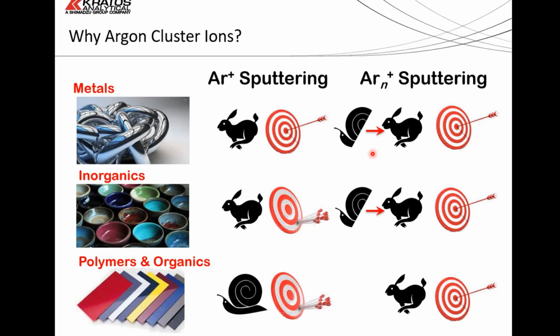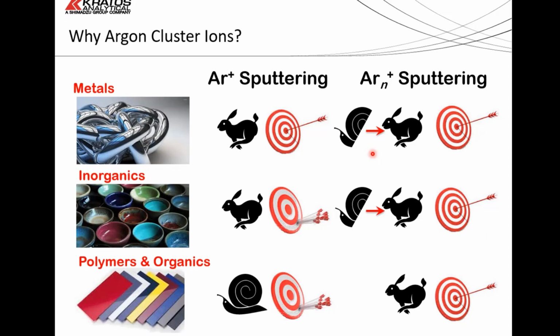If we move to our simple categories of material, for sputtering metals and elemental targets, it's very accurate, although it isn't as fast as using noble ions. For inorganics, again, you can remove the negative effects of preferential sputtering, so you get a more accurate picture, although often at the expense of speed, though not always.